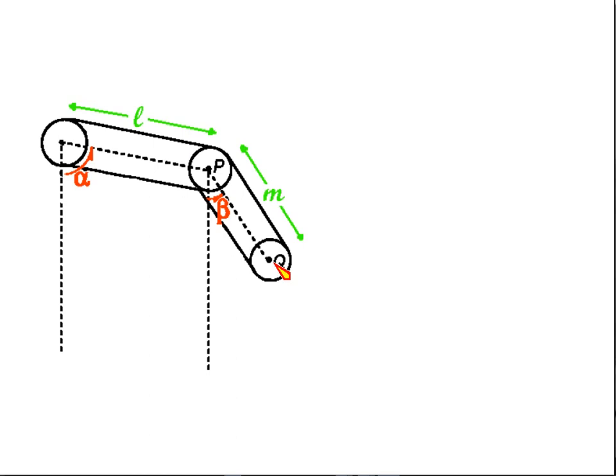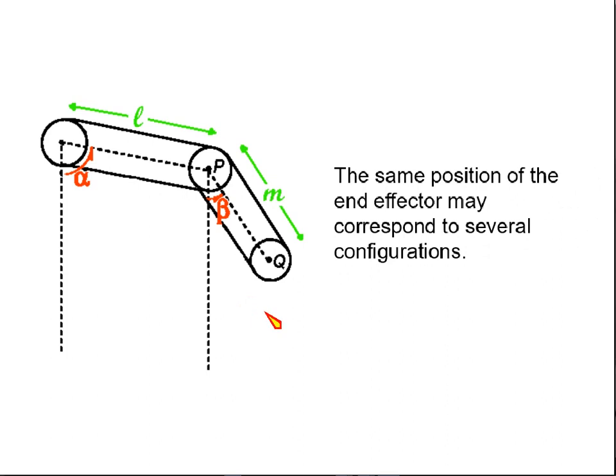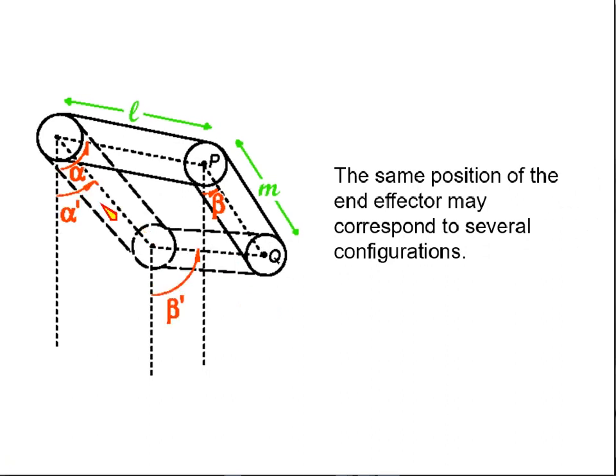All right, and be careful, because you might have two different configurations of the arm giving the same end position Q. Okay. And so this function is not injective, meaning that you have different pairs, alpha beta and alpha prime beta prime, giving the same point xy.